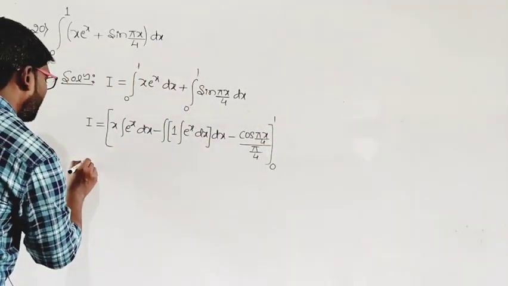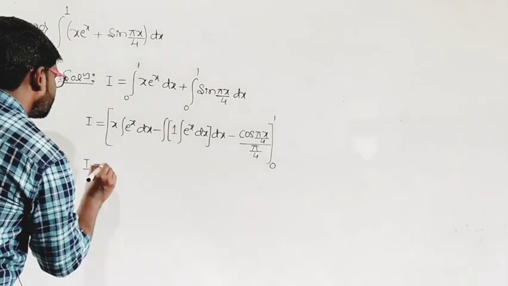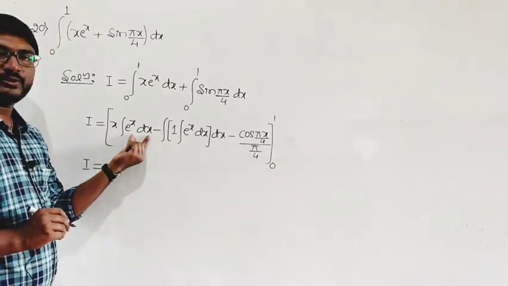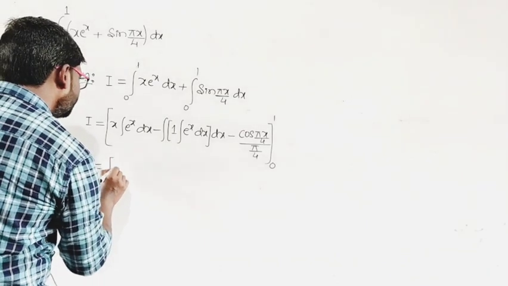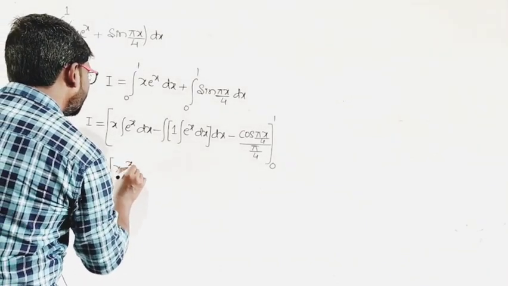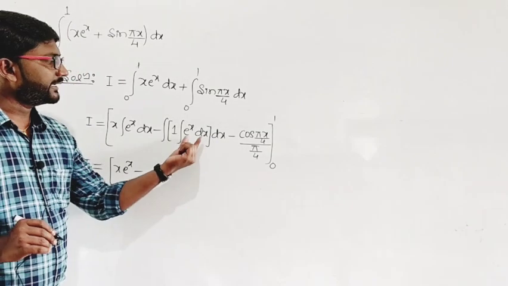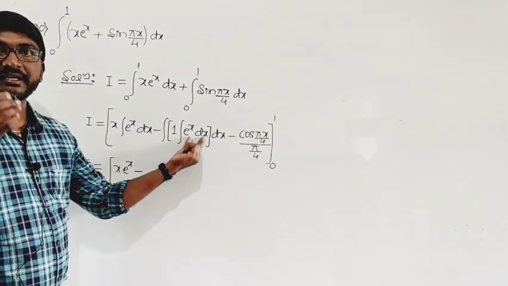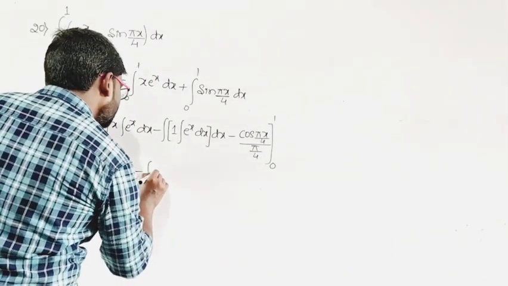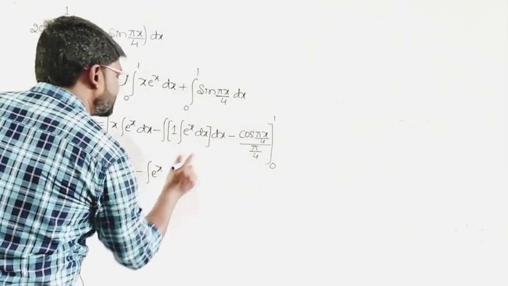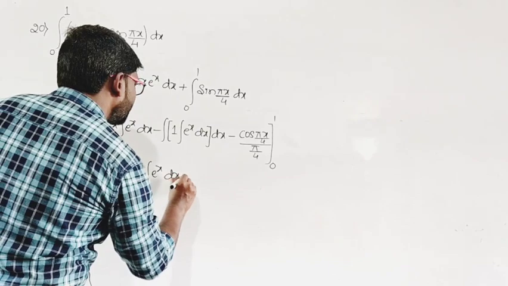So now I is equal to, see here, the integration of e raised to x is e raised to x itself. We get x into e raised to x, then minus. Again, the integration of e raised to x is e raised to x, e raised to x into 1, it is e raised to x. This dx I have to write as it is, then minus.